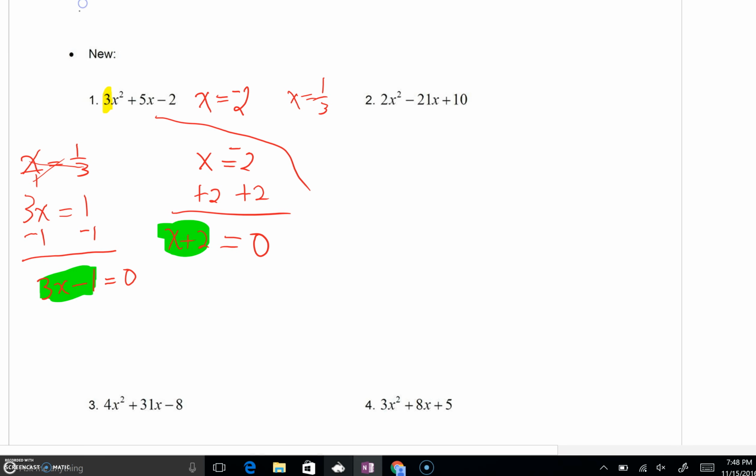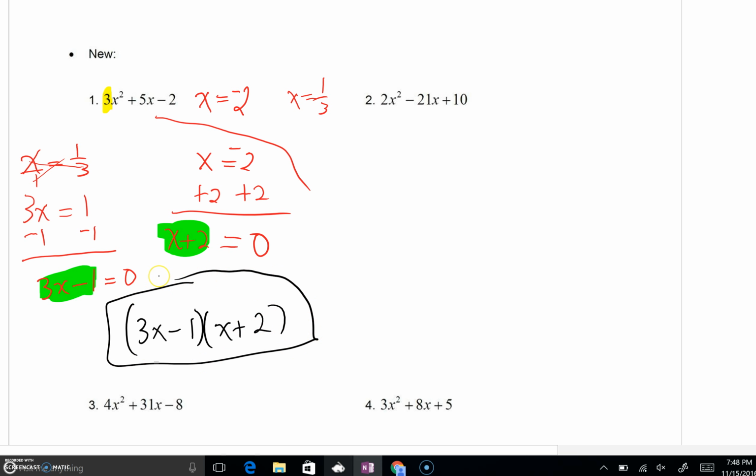And hopefully that can really help you out for your final answer. It's 3x minus 1 times the quantity x plus 2. If you're ever wondering if that's right, you can go ahead and distribute and FOIL it out. I'm going to stop right here. We'll make other videos for these other examples, but we're just going problem by problem.